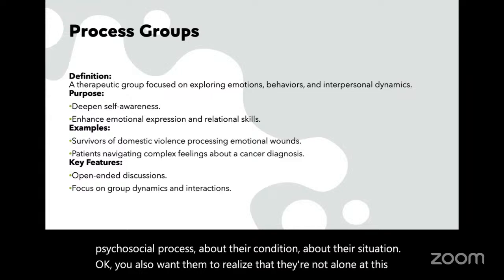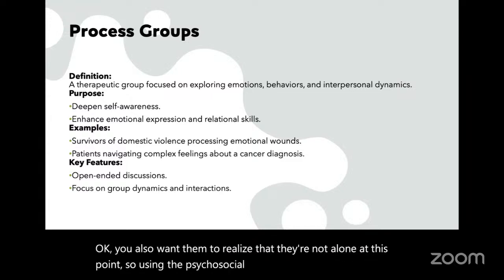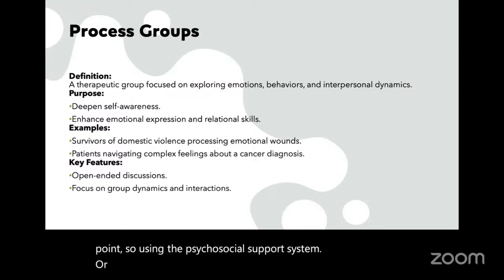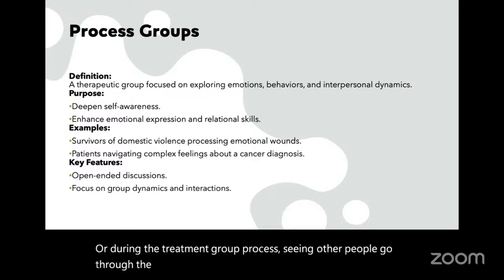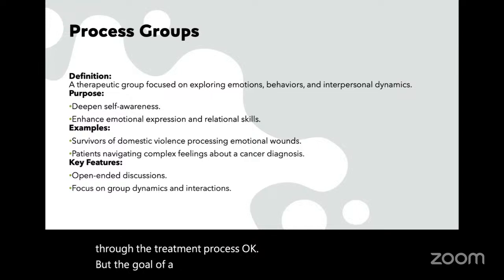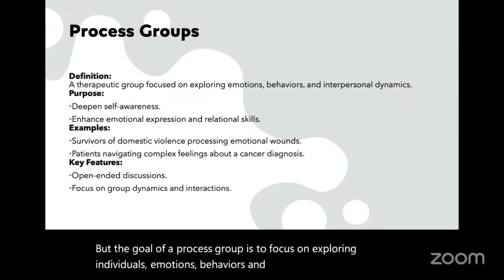So using the psychosocial support system or during the treatment group process, seeing other people go through the treatment process. Okay. But the goal of a process group is to focus on exploring individuals' emotions, behaviors, and interpersonal dynamics.